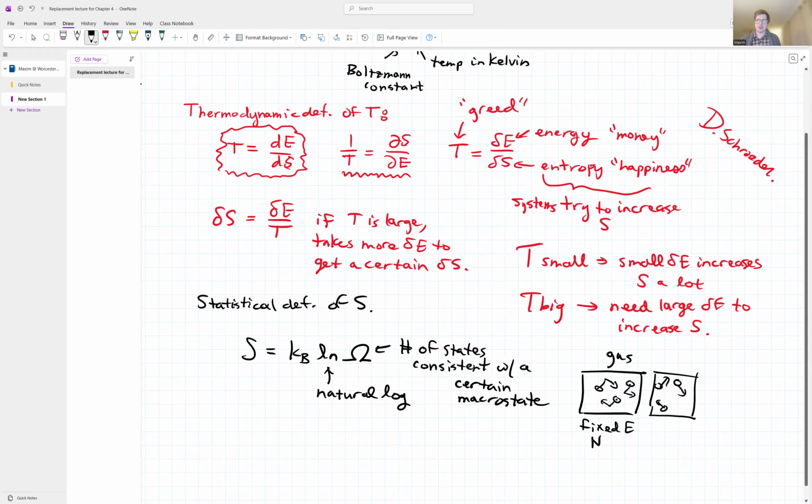So for a fixed energy and number of particles, n is equal to 3. Basically, omega corresponds to all the different ways you can arrange the atoms in there with their different velocities and positions, such that you still have the same fixed energy and the same number of gas particles. So omega counts all these states.